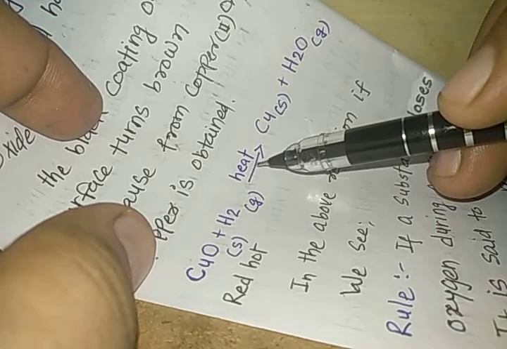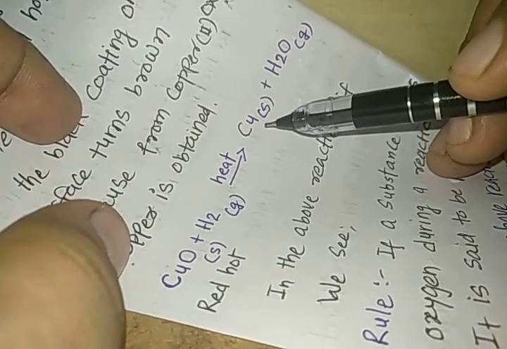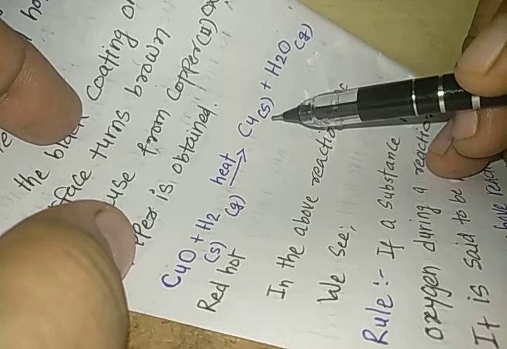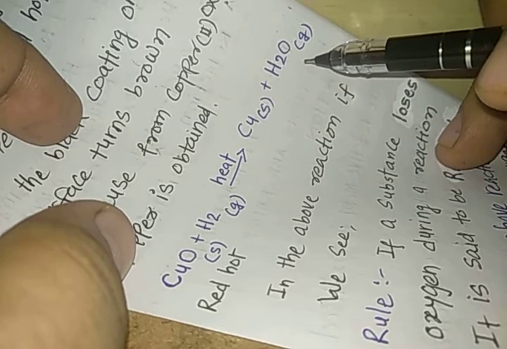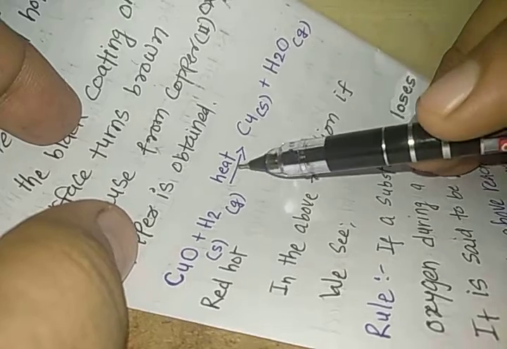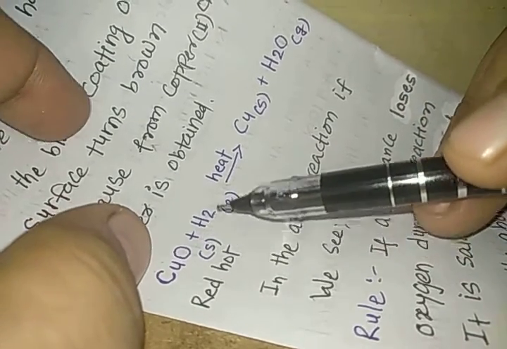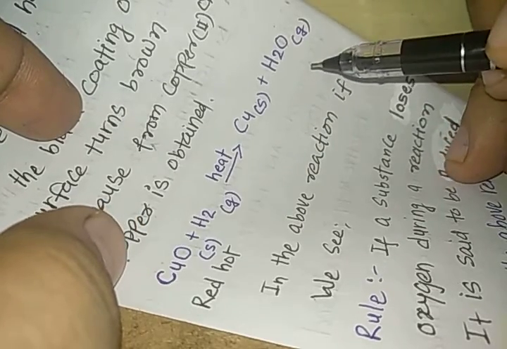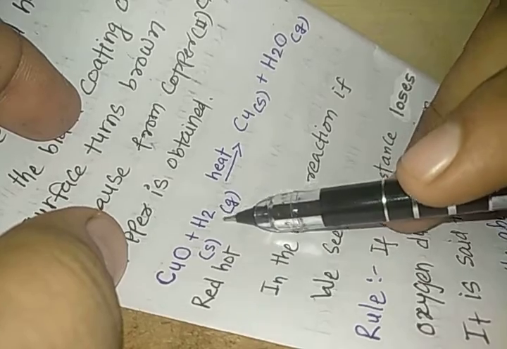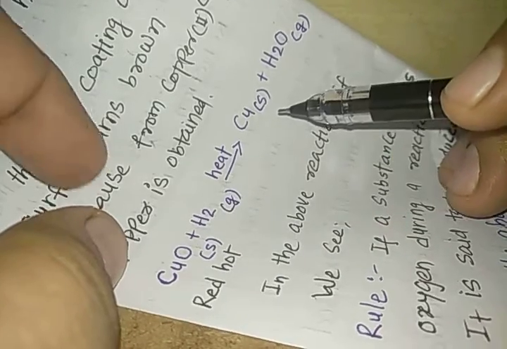We keep on heating, so this oxygen combines with this hydrogen, and copper leaves this oxygen, and you can see copper metal is produced and water is produced. Water is formed in the form of vapor because we have heated it a lot. So this is how we can say that copper loses the oxygen and hydrogen gains the oxygen.